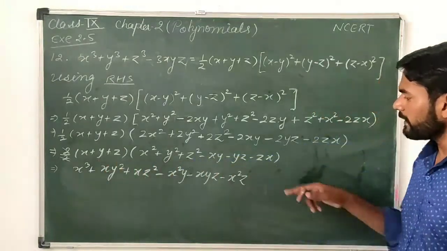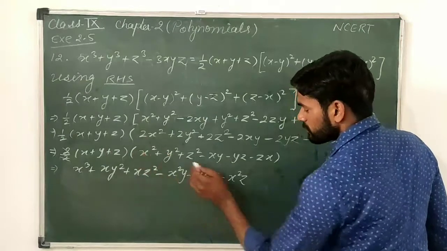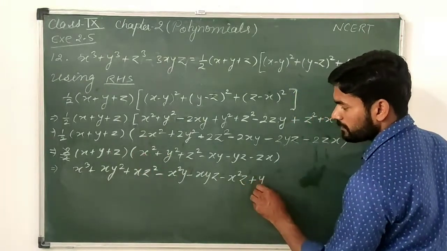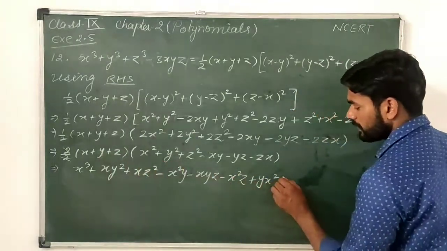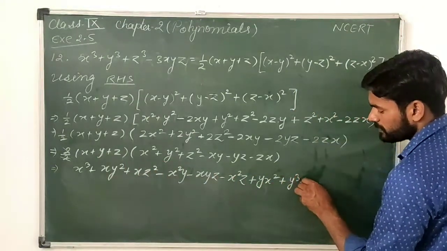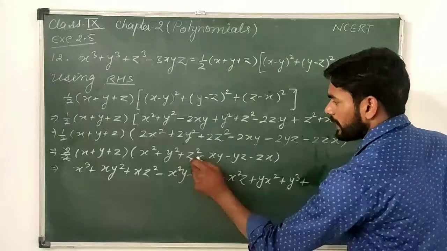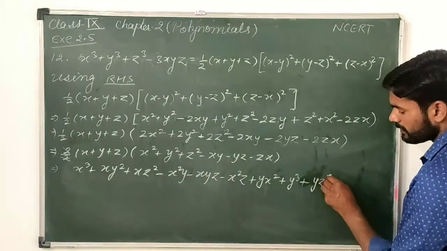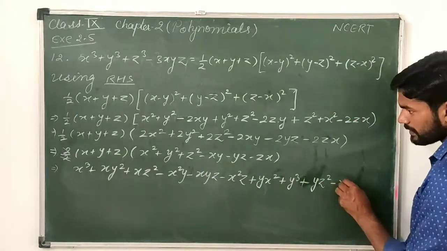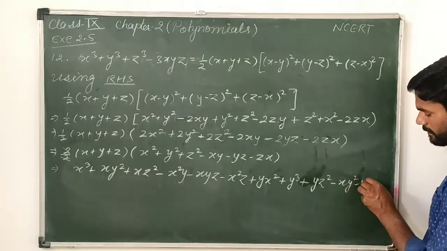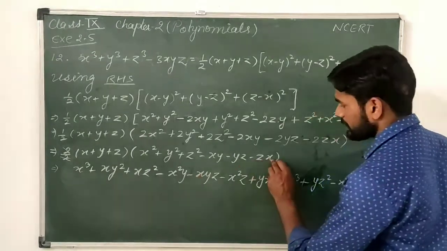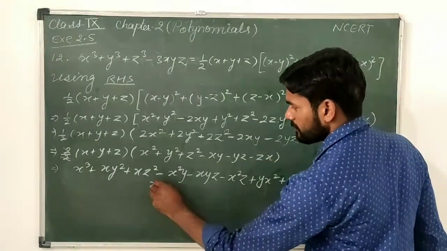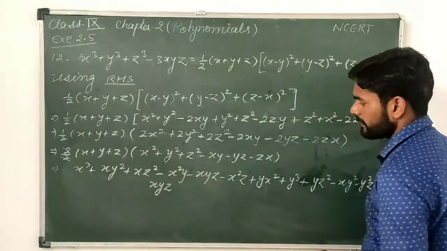Now multiply with y. It is plus, this is also plus, then plus yx square, y cube, plus yz square, minus xy square, minus y square z, minus xyz, minus xyz.